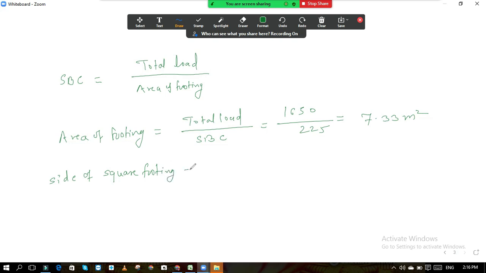Now you know the area and you want to calculate the side. The side of the square footing is nothing but the square root of 7.33, because this is the area. If you take the square root of area, you will get one side of the square.